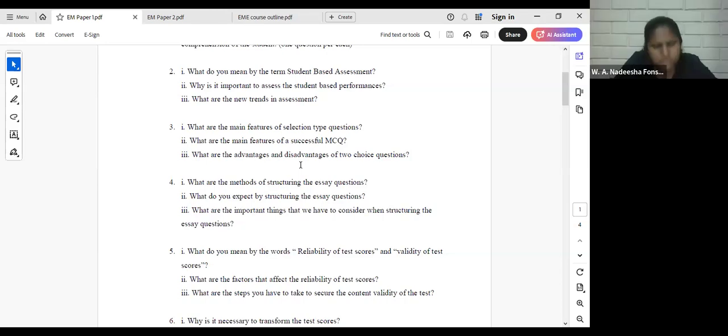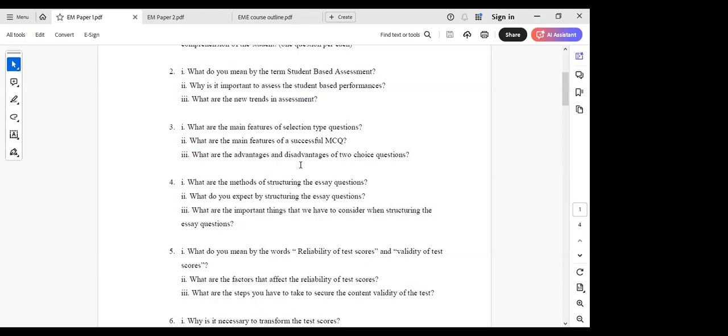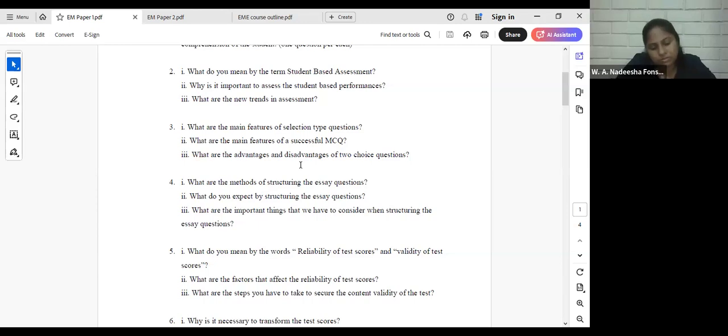That is one method. Provision of a frame for the answer through the question itself. We can provide the frame. It means we can limit their answer within 250 words, like that.